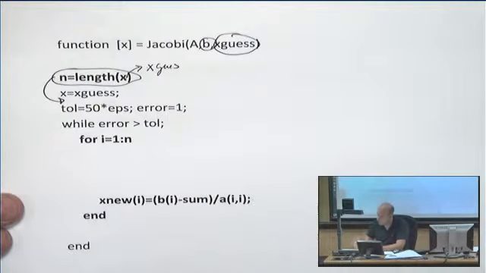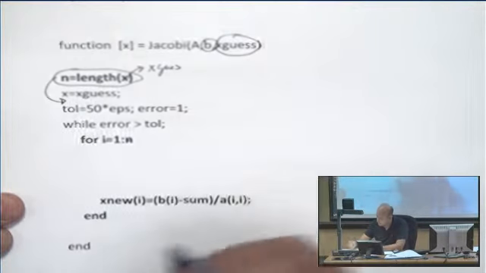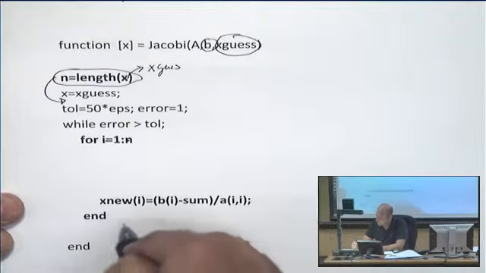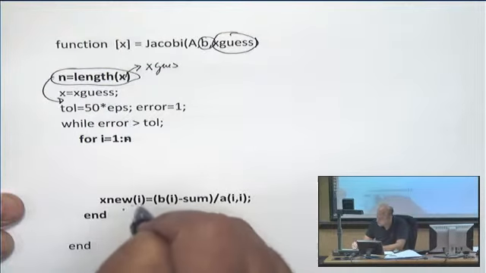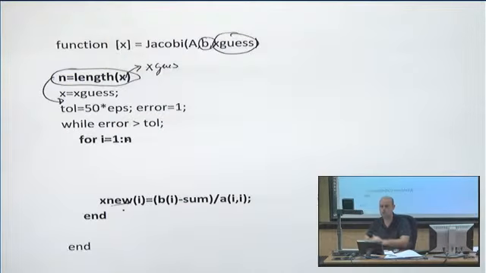And then what we do is we say for i is equal to 1 to n, my x of i, or I called it x new of i. You can call it whatever you want. I wanted to use a different variable just so I don't confuse myself with what x was before. Because remember, we don't want to update x until the end of the loop.